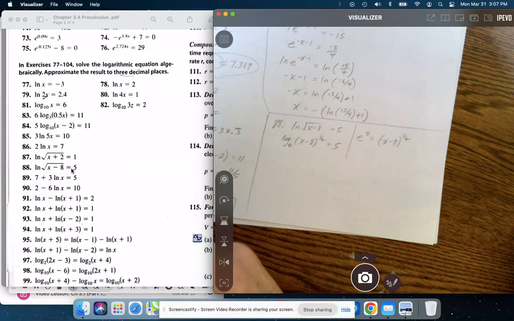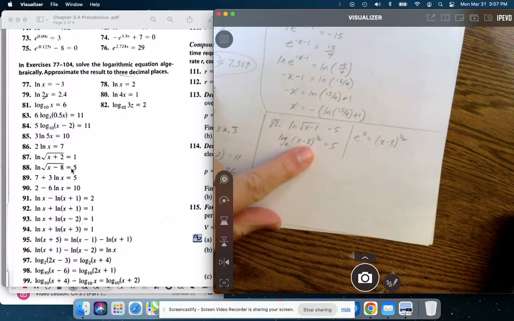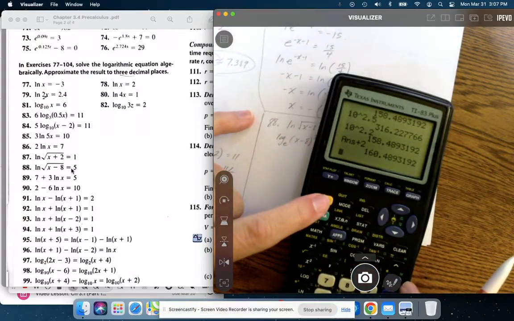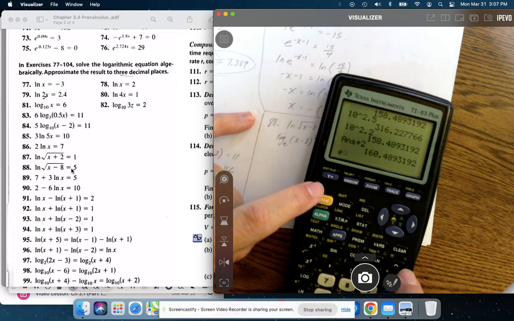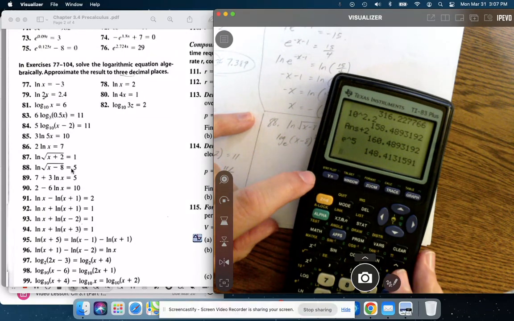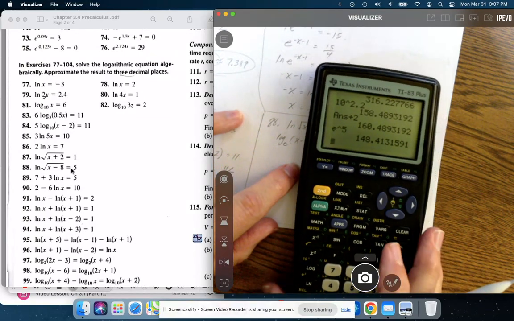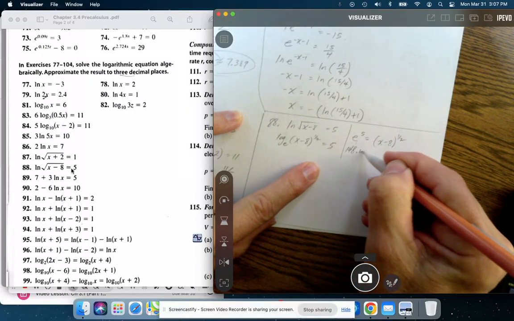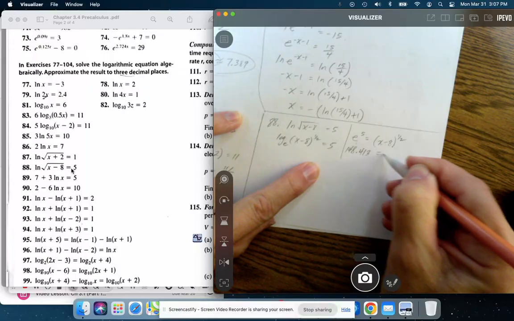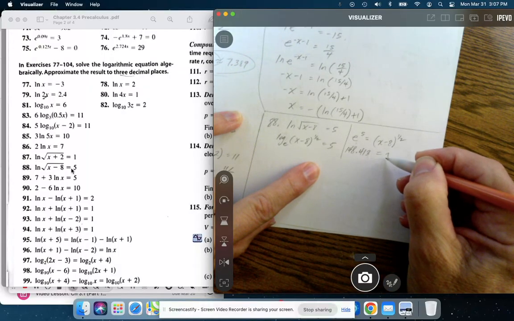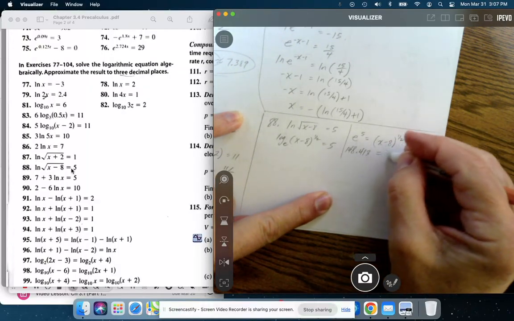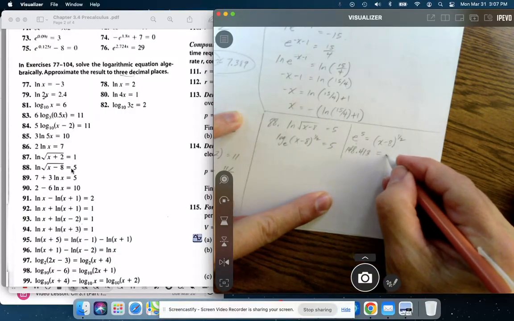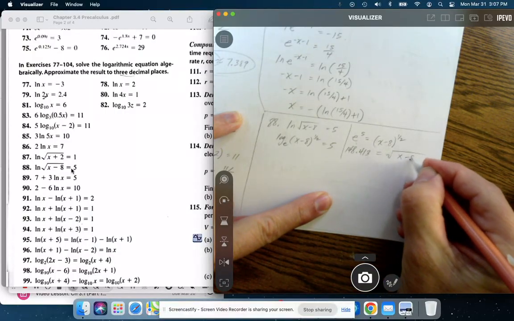And let's see what happens if I do that. e to the 5th is just a number. I can get that. e raised to the 5th is about 148.413 equals the square root of x minus 8, right?